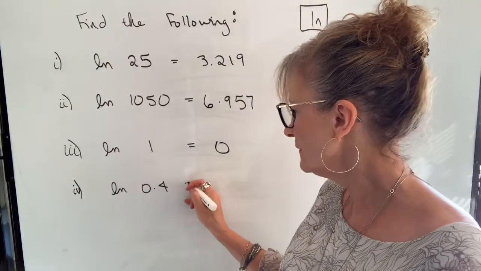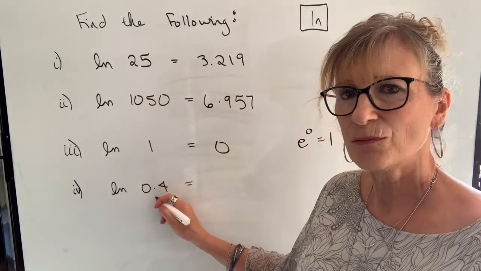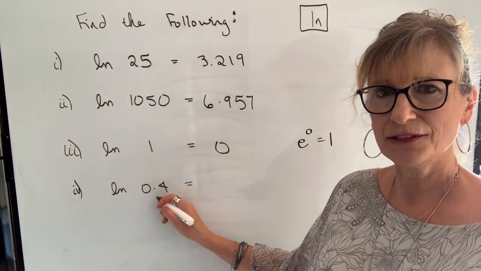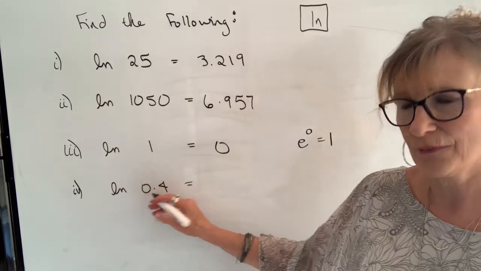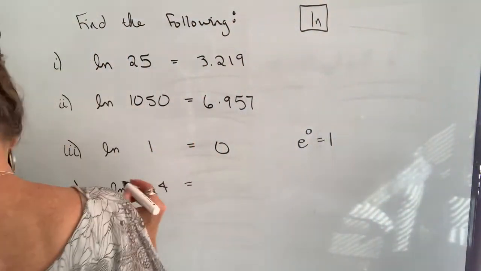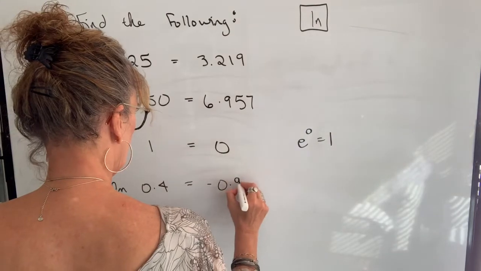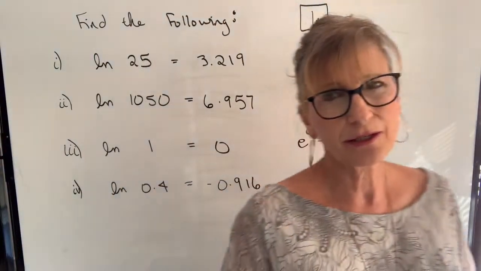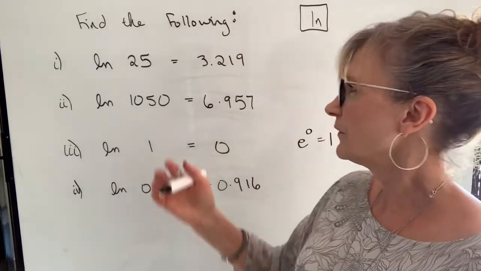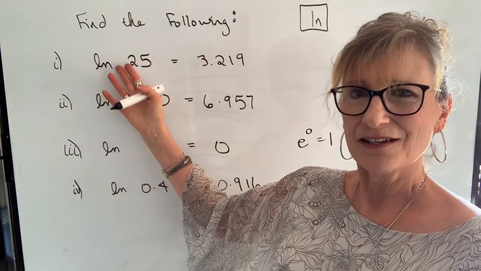And the last one, because this number is less than 1, we should expect to see a negative exponent. What must e be raised to equal 0.4? Plug it in, and you should get negative 0.916. It's harder to check and estimate when we're dealing with base e as opposed to base 10.